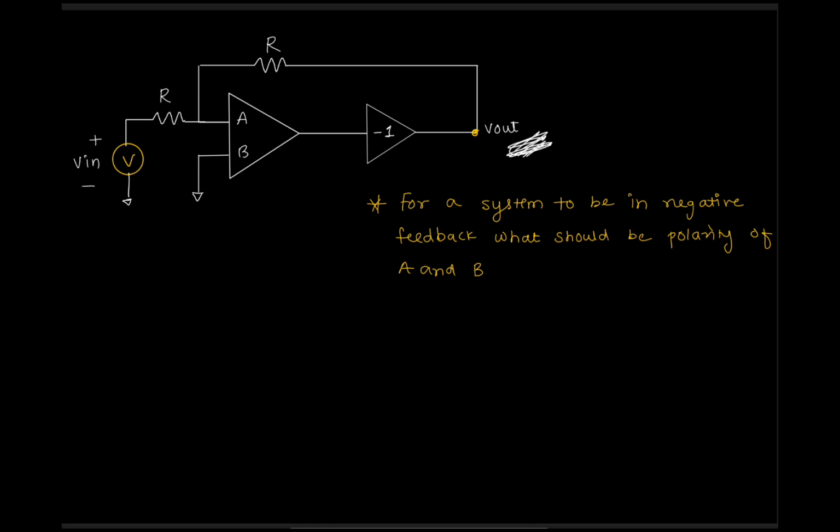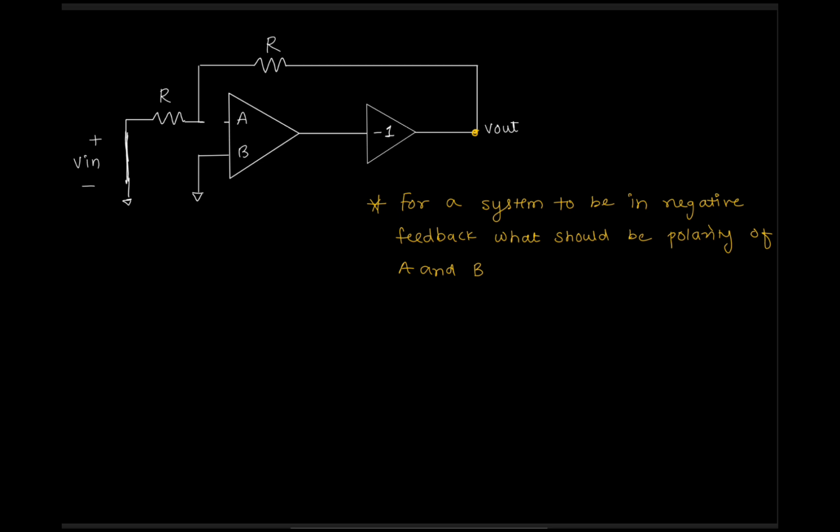So first thing that we do is we disconnect the input source, and as it was a voltage source, we connect it to the ground. We also disconnect the input given to the supply.